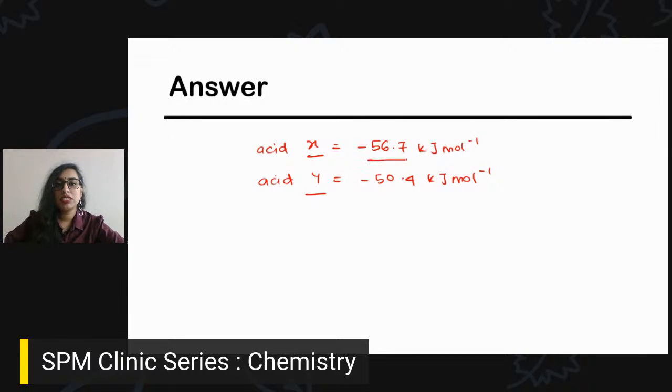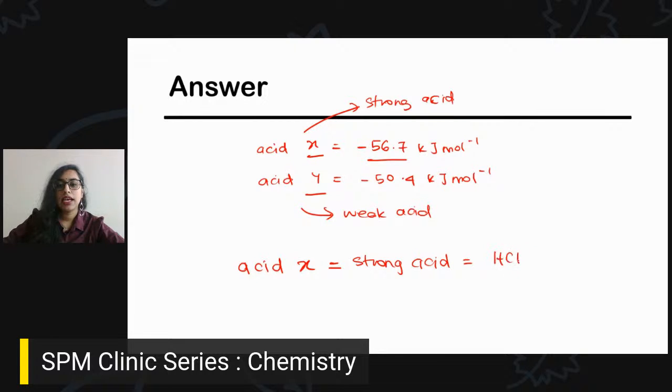So usually when you see it's more or less negative 57, negative 56, it's going to be a strong acid, and this is going to be our weak acid. So what could be an example of a strong acid and an example of a weak acid? Acid X here, since it's a strong acid, we can give it as HCl, or hydrochloric acid.